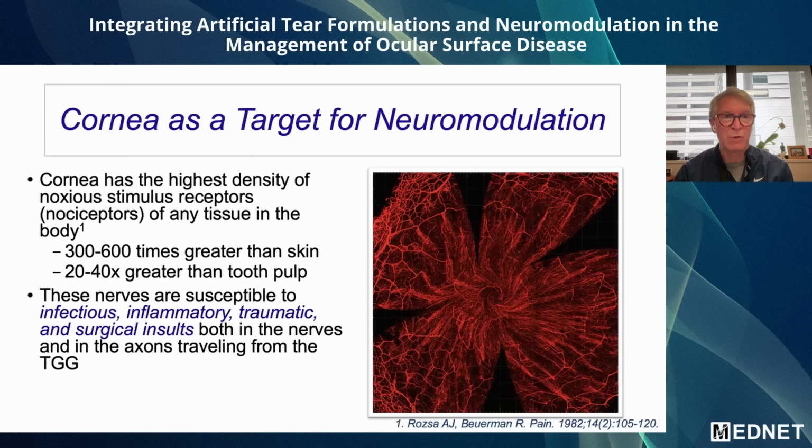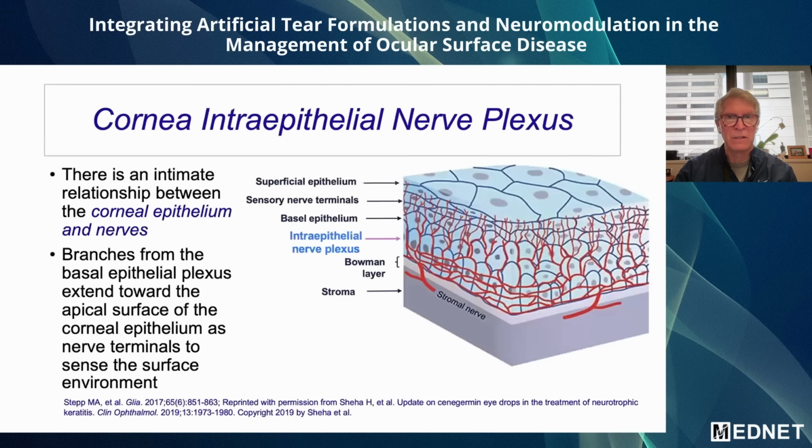And these nerves are susceptible to infectious, inflammatory, traumatic, and surgical insults, both in the nerves and the axons that travel to the trigeminal ganglion. And you can see that the nerves form this beautiful vortex in the cornea. It's amazing that when we look through the cornea every day, we're actually looking past this plexus, which is found in the basal corneal epithelium.